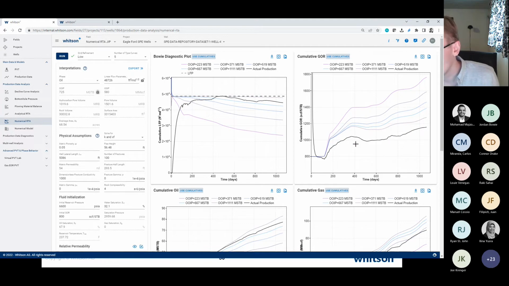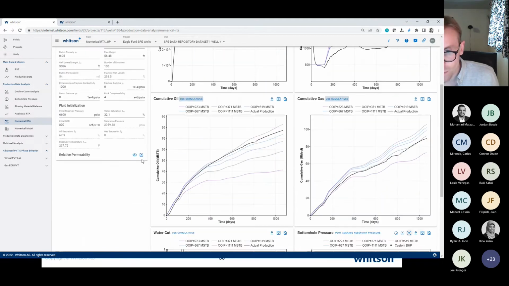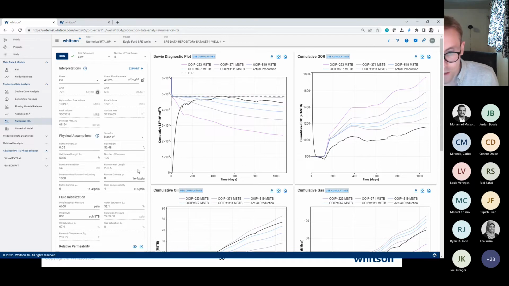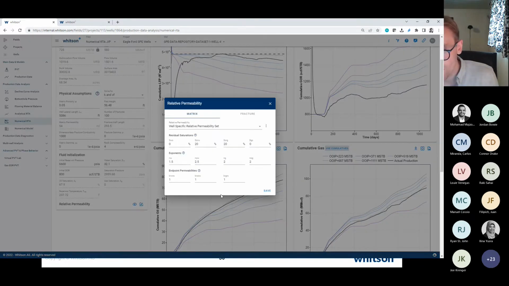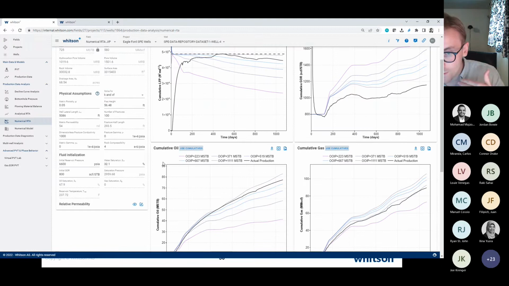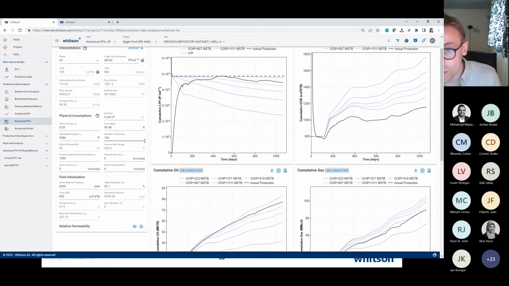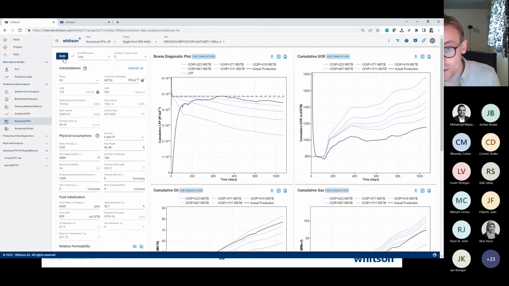Here we might like to maybe do a little bit of things on my GORs, maybe reduce them a little bit so I can maybe increase my NGLs a little bit. But the only times that I have to change or rerun the actual method is if I change my rel perms or my PVT or things such as the pressure dependent permeability or fracture connectivity.